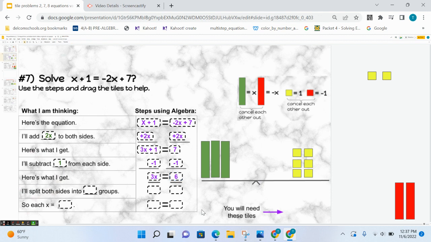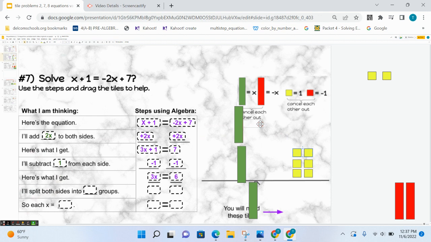Last step. First step was to get green rectangles on one side. Second big goal was to get those rectangles alone. We did that. Now the last thing we want to do is split things up. I need to split the 6 yellows equally among these 3 green rectangles.